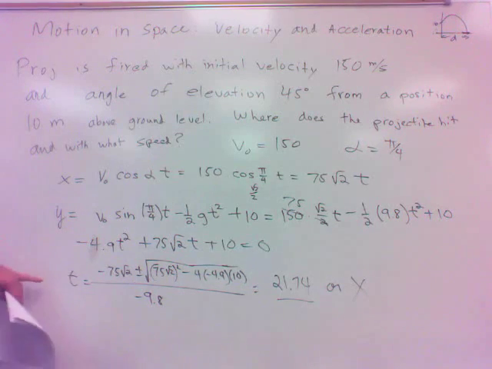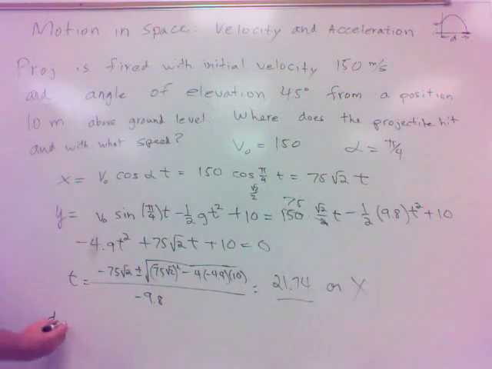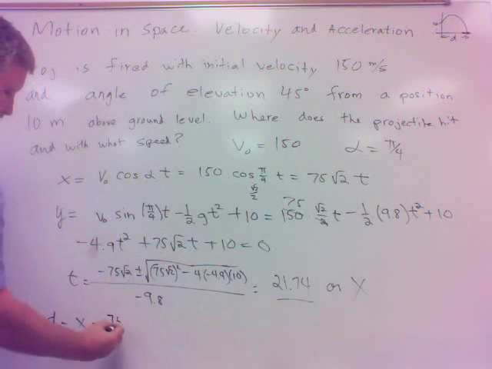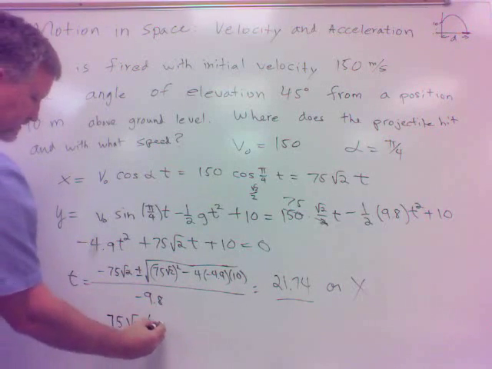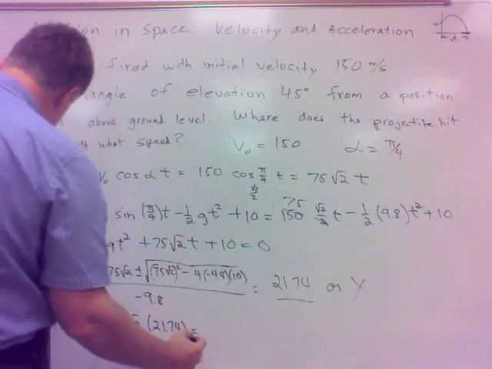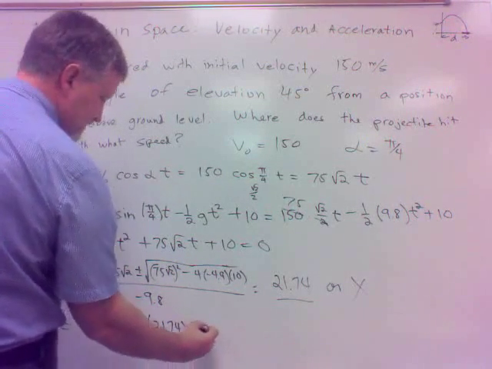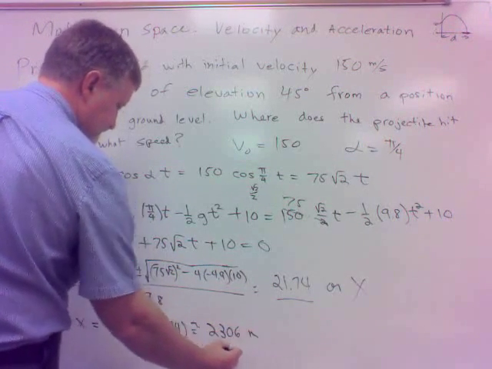All right. Now, what that gives us then is a way to find the x value, which is what we want. The d then is the x value when y equals 0. So that would be the 75 square root of 2. We found that the time is 21.74, so plug those in, and you get approximately 2,306 meters.